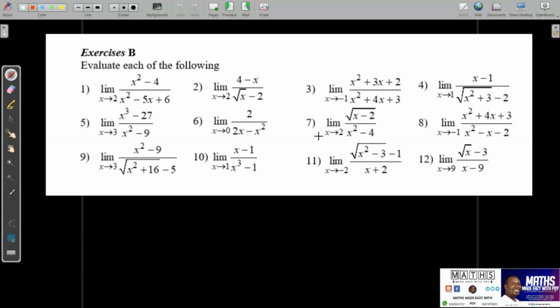Have you done binomial theorem? Yes, sir. So if you've done binomial theorem, there are so many theorems under factorizing x cubed minus 27, and you have to apply those concepts to get this one done.